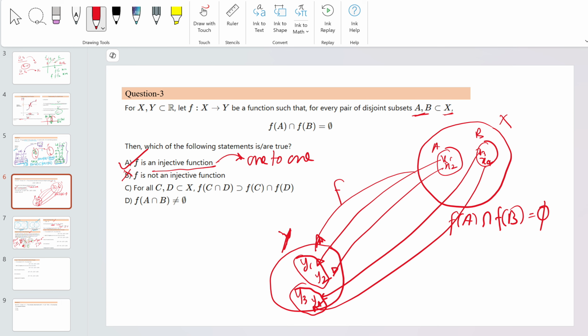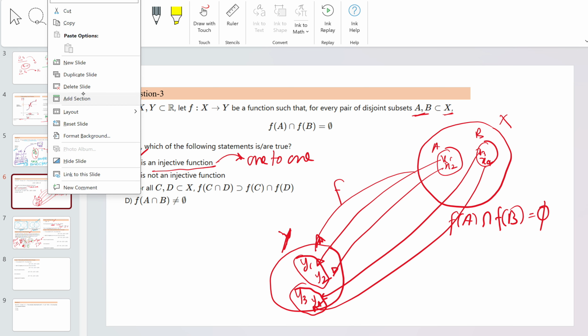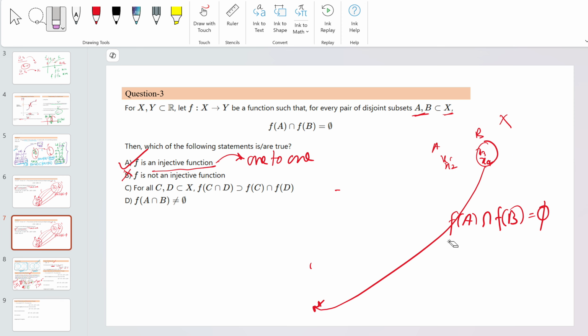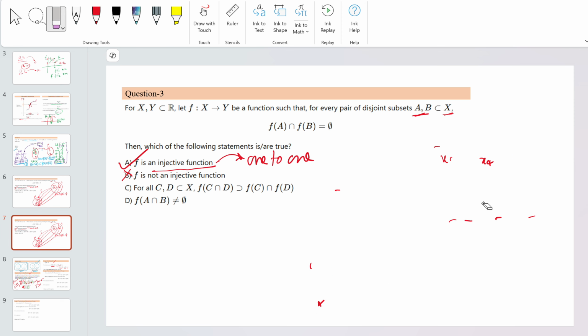Okay. When you see option C, let me duplicate it. So if you see option C, let me explain that.